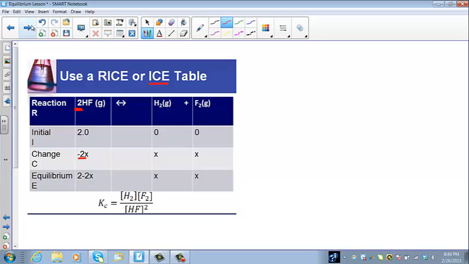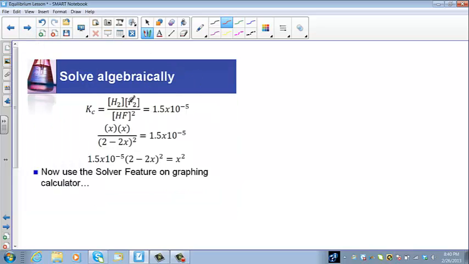Now I'm going to substitute in. So I just said H2 times F2 over HF squared. We were given this in the problem. That is our K. Now I substitute in my equilibrium concentrations.